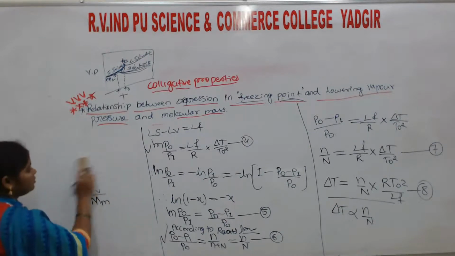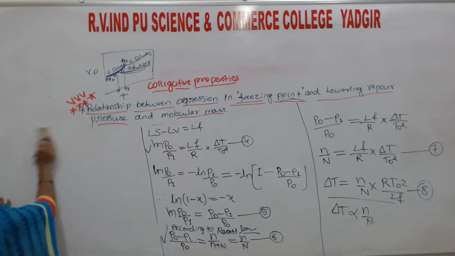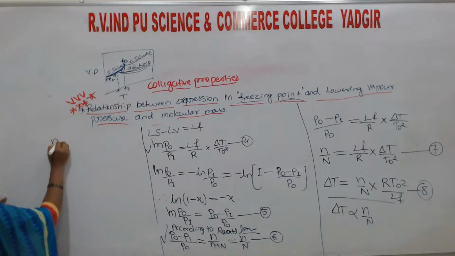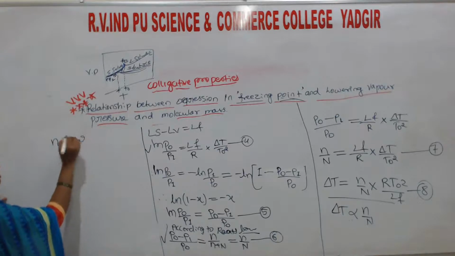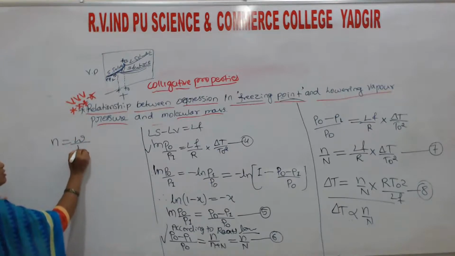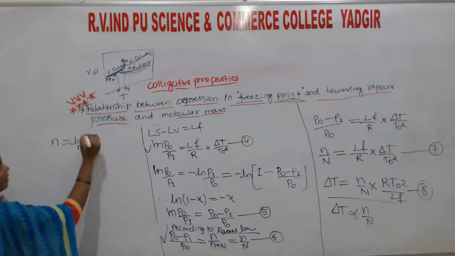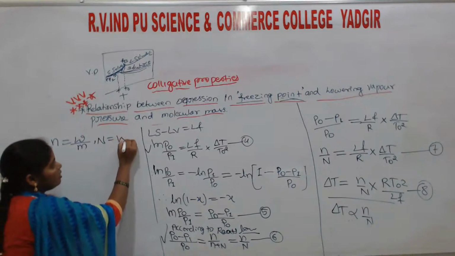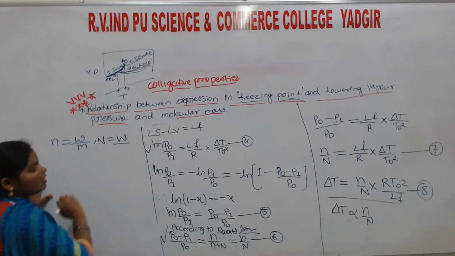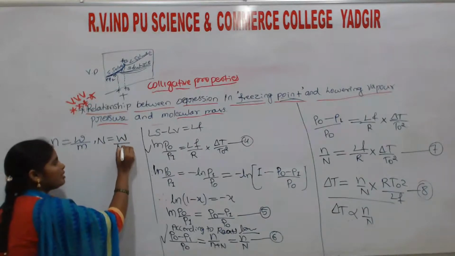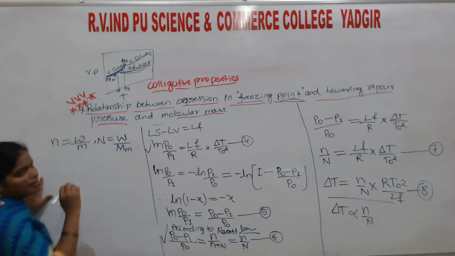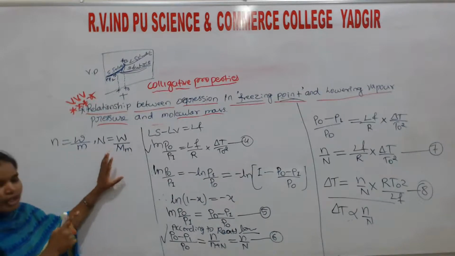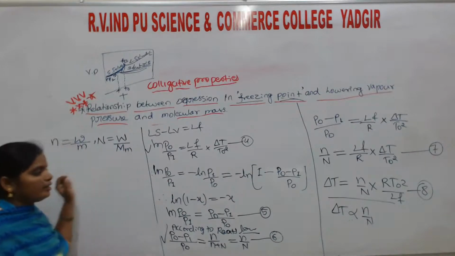You write here, n is equal to small w divided by small m, and capital N is equal to capital W divided by capital M. These two values substitute in equation number 8.